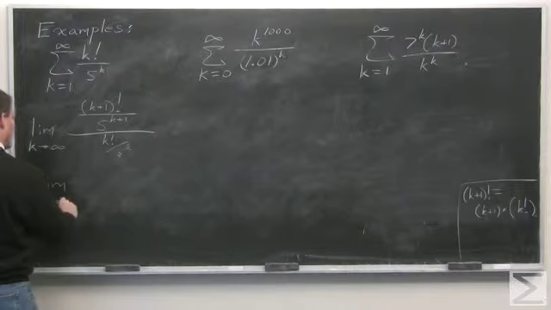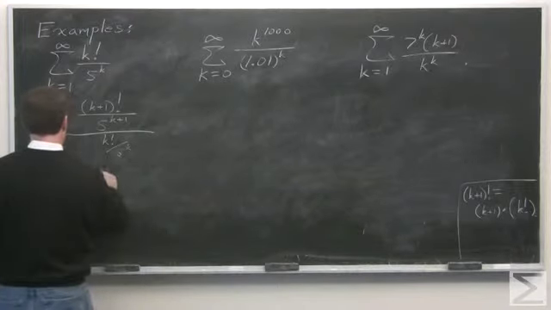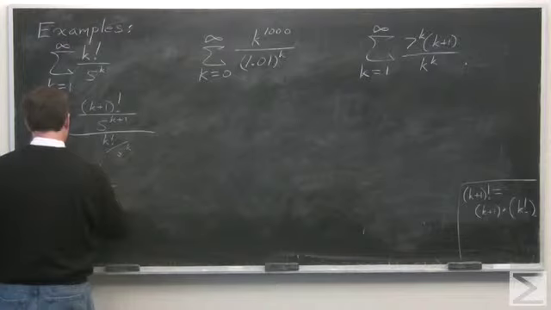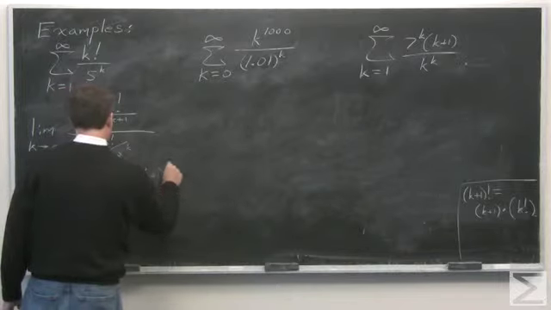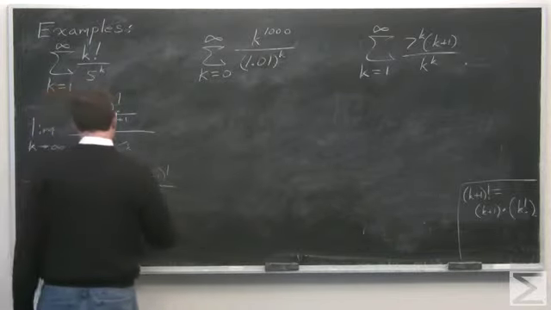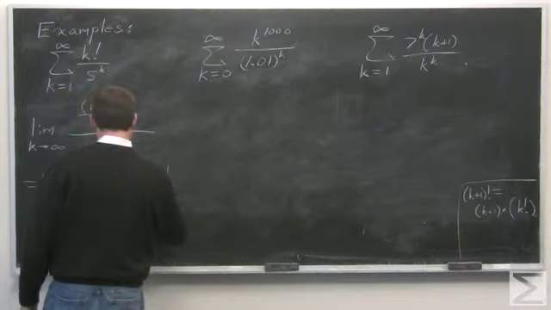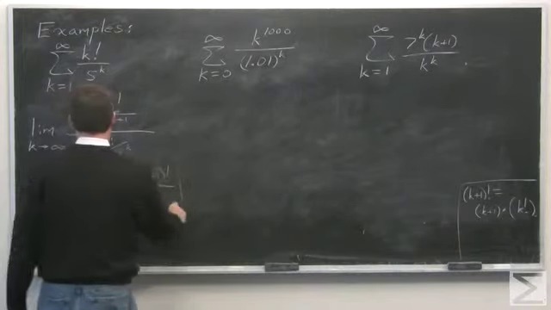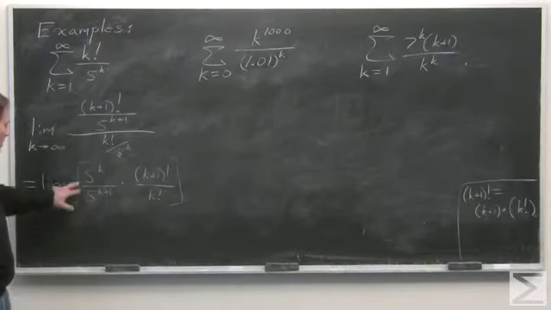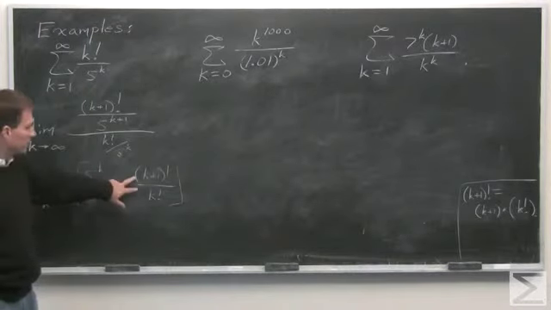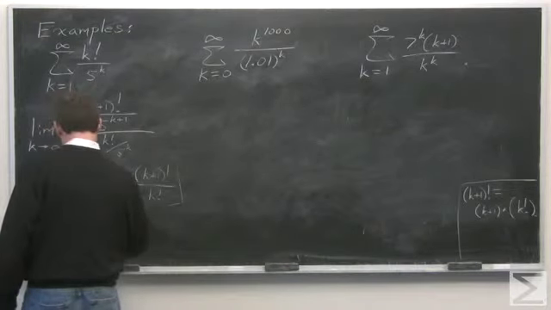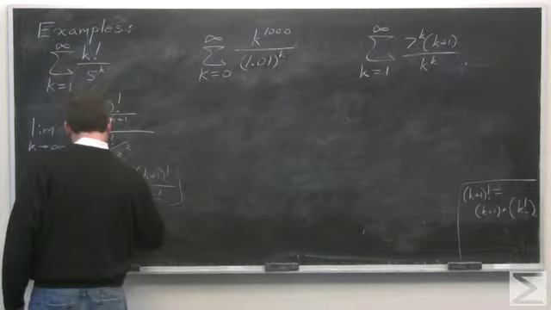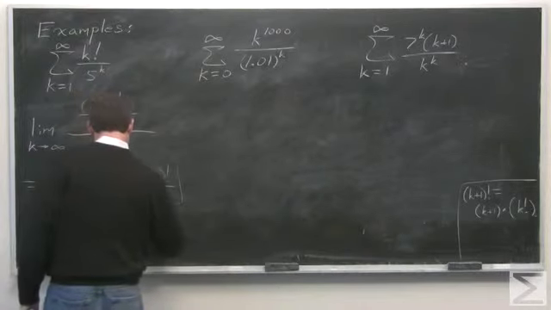You get the limit as k goes to infinity of 5 to the k over 5 to the k plus 1 times k plus 1 factorial divided by k factorial. This is a fifth. This is k plus 1. So we get the limit as k goes to infinity of 1/5 times k plus 1.